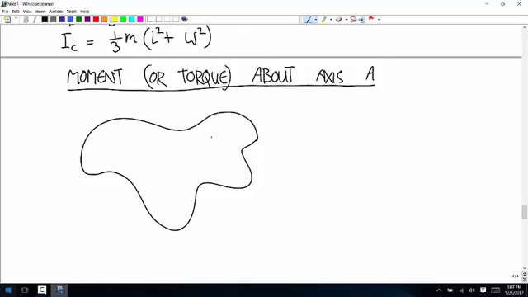And let's say this is the axis. And now let's say we have another point, I'll call it P, where a force is applied. I'm going to draw a line between those two. And let's say the force is applied this way.